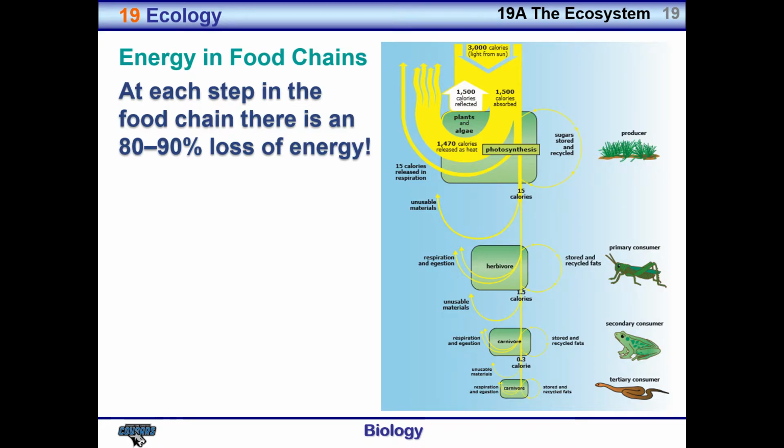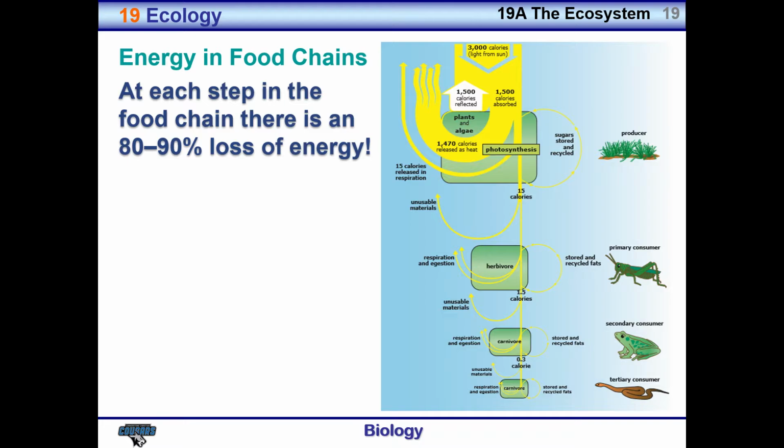And then we have like the grasshopper that eats, he would be herbivore, and he would lose some of that energy from the grass that he eats, and 80 to 90% of that is lost energy, so that they would only get 15% of what's left.